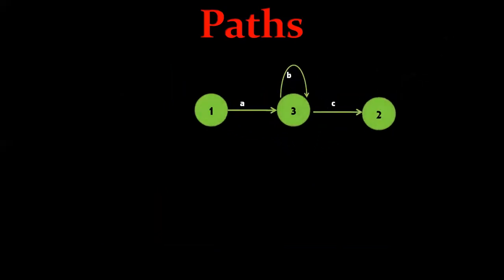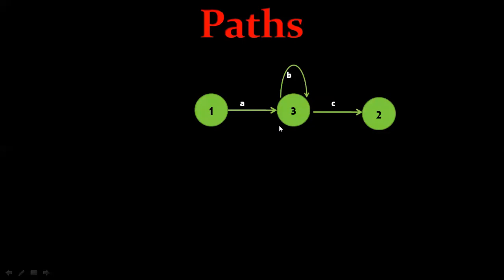Let us take a few more examples. In this picture, AC is one path, A, B, C is another path, and A, B, B, C is also a path. Here B is a loop, so A, B, B, B, C is another path.